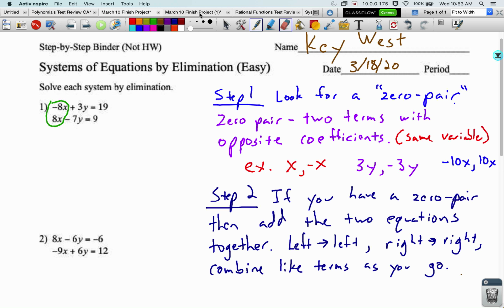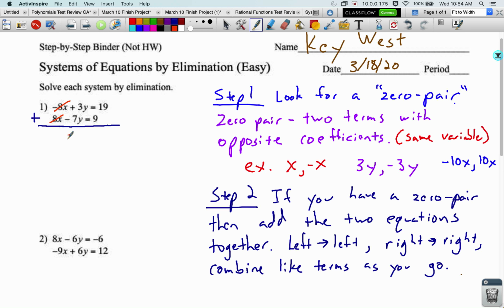All right, so here I'm going to erase this circle here so it doesn't get in our way. I have identified I have a zero pair, so I'm going to draw a big addition line and put a plus way out in front here, showing that I'm adding these two equations together. So the terms on the left are going to get added to the terms on the left, the terms on the right are going to get added to the terms on the right, and we're going to combine like terms as we go. So the negative 8x and the 8x, they cancel each other out.